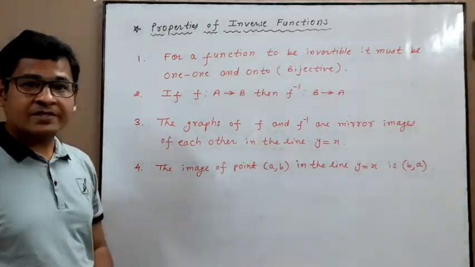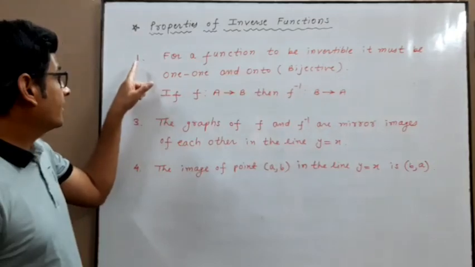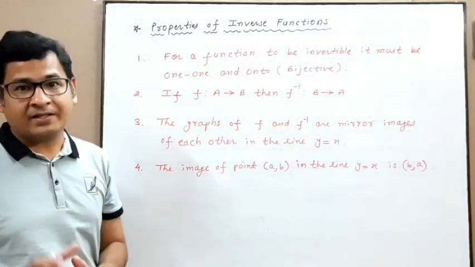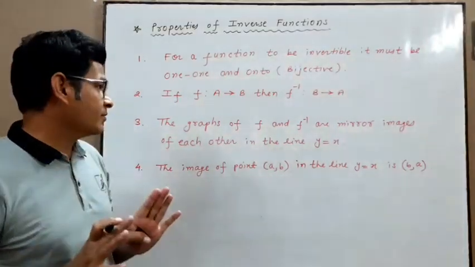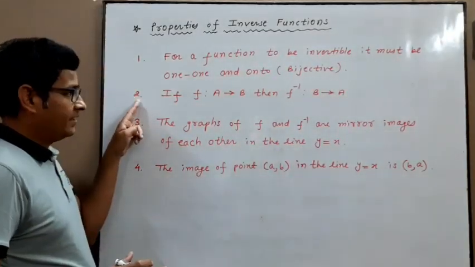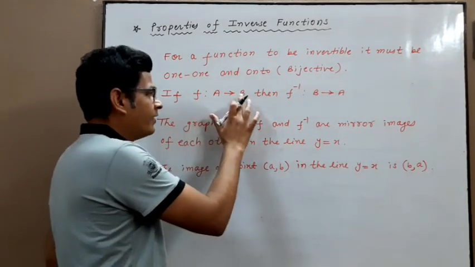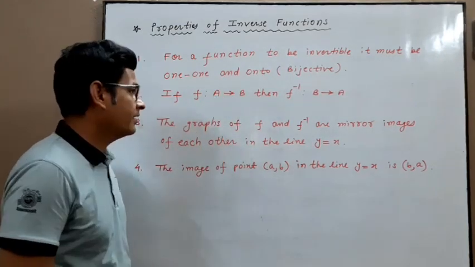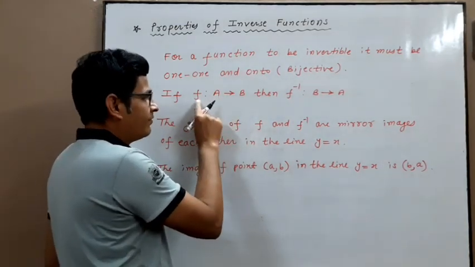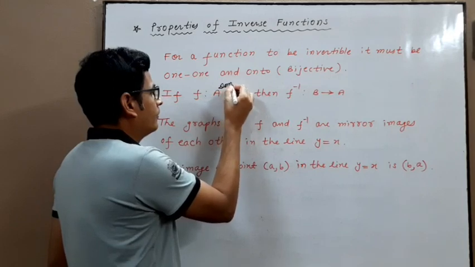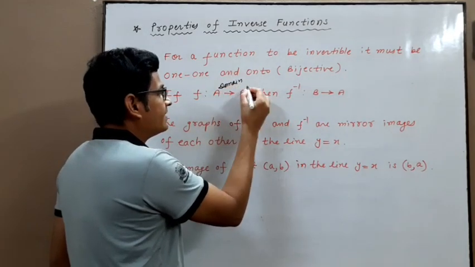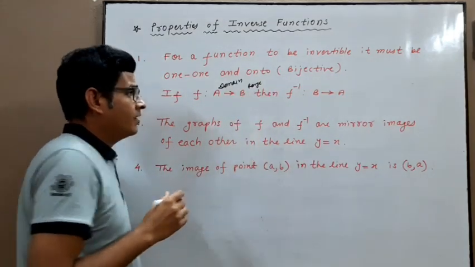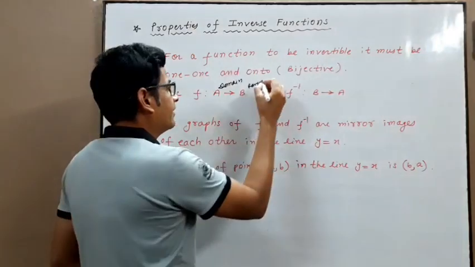Properties of inverse functions. Number 1: for a function to be invertible, it must be one-one and onto, which means bijective. Second, if f is a function from A to B, then f inverse is a function from B to A. A is the domain of f and B is the range of f.